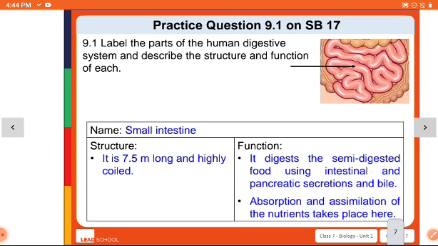The structure is a highly coiled, 7.5 meter long tube. What is the function? The small intestine helps to digest semi-digested food using intestinal and pancreatic secretion and bile. The function is absorption and assimilation of nutrients.